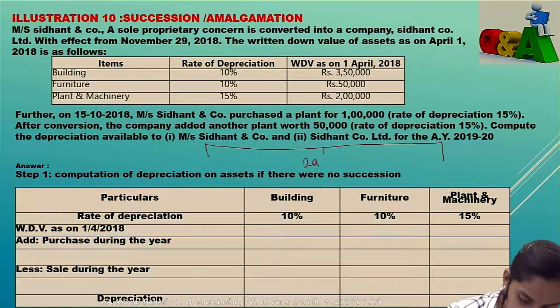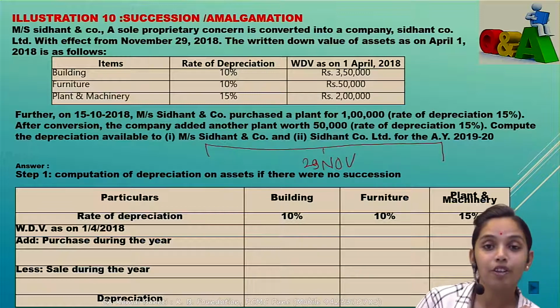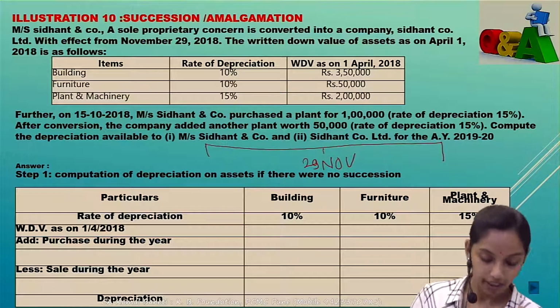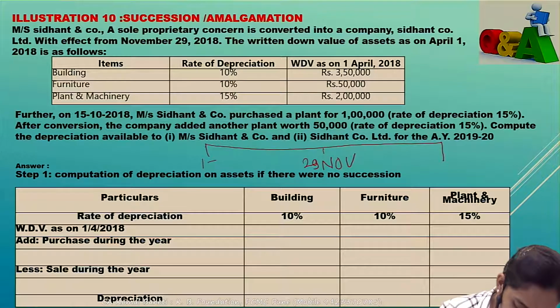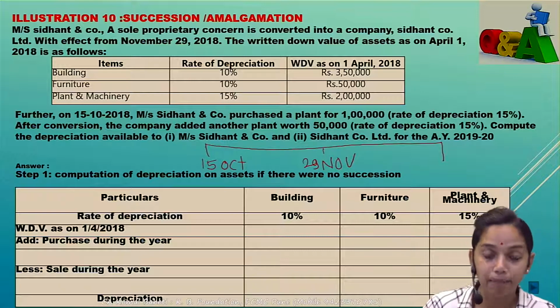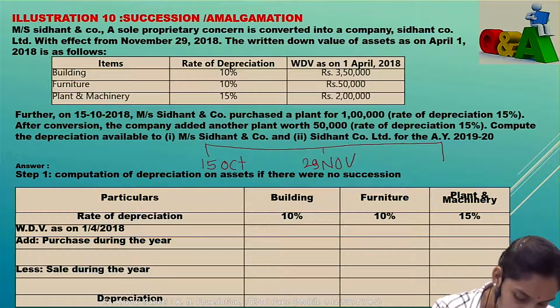On 29th of November, what had happened? There is a succession. But on the 15th of October, matlab before succession only, that Siddhant and Company had acquired an asset for 1 lakh. Rupees 1 lakh का asset add हुआ.